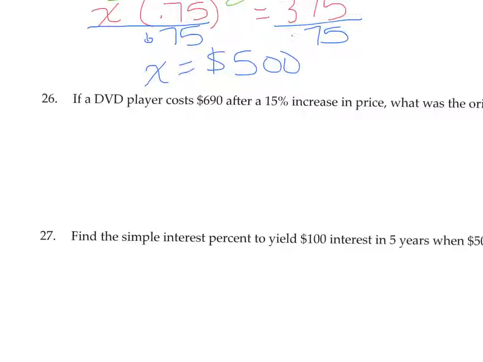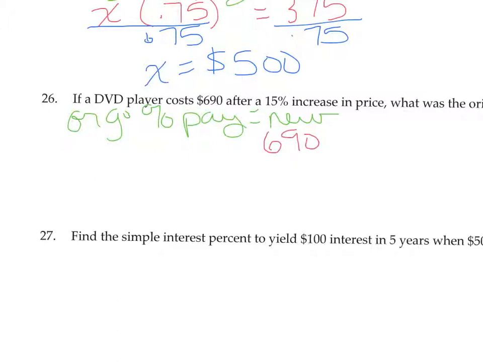All right, if a DVD player cost $690 after a 15% increase in price, what was the original cost? So the original times the percent you're paying equals the new. All right, the new cost is $690. The percent you're paying, okay, this is a 15%, but they're not taking it off.